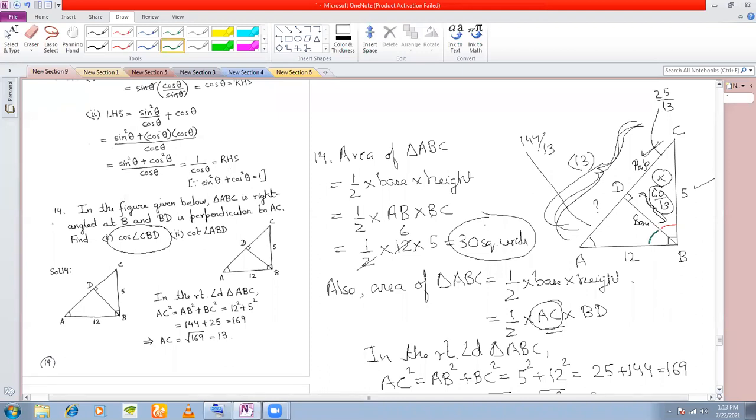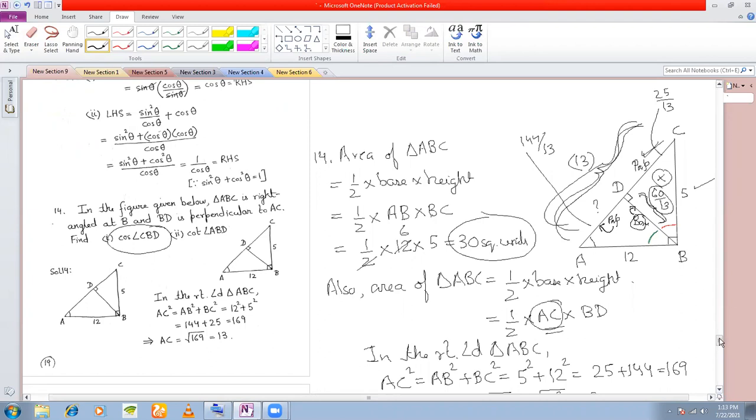So which one should be our perpendicular and which should be our base? This obviously becomes our perpendicular, side AD. No, this is a hypotenuse. Base becomes the other one. That is, this one becomes our base, this side, and this is our perpendicular.